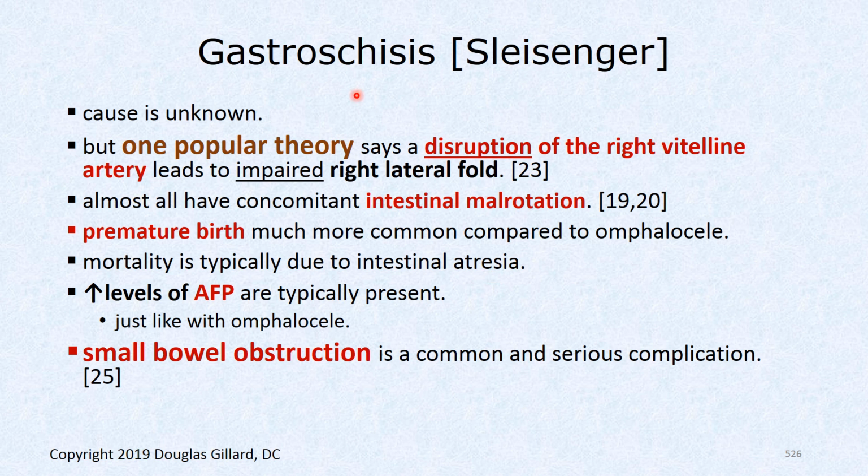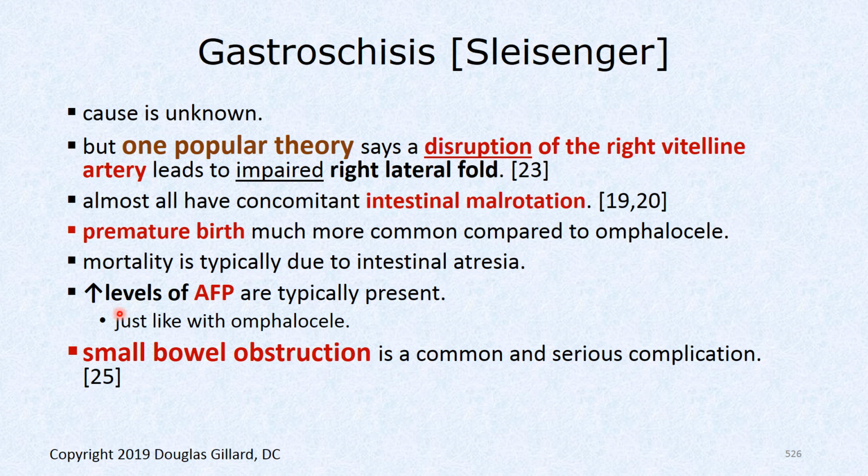Remember, we said in gastroschisis the intestines are exposed to amniotic fluid, which is caustic to them, so it wrecks the intestines, and then if the intestines get wrecked, they can't take in nutrients and they die of malnutrition. And other things, you can get infection, all sorts of things.